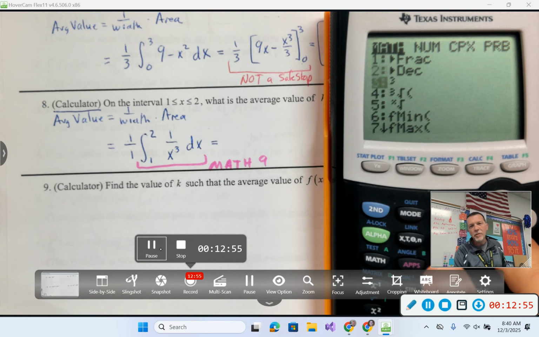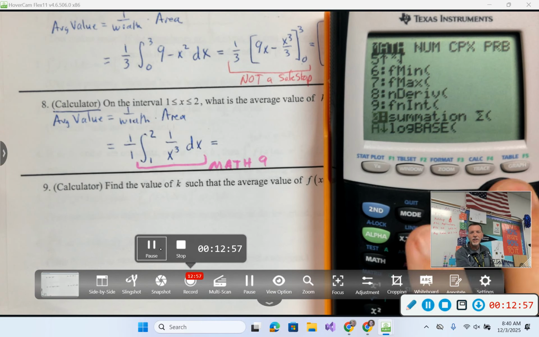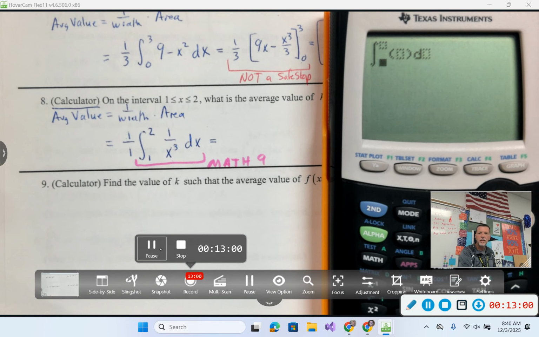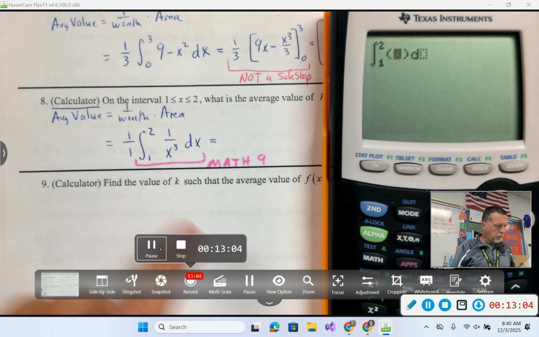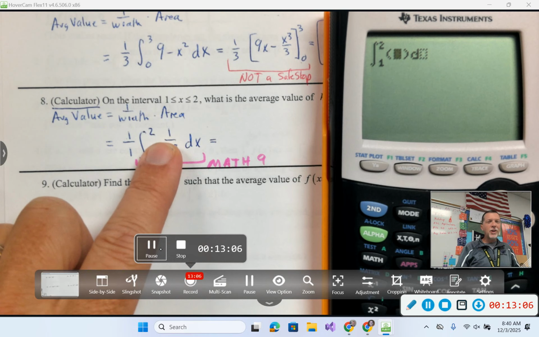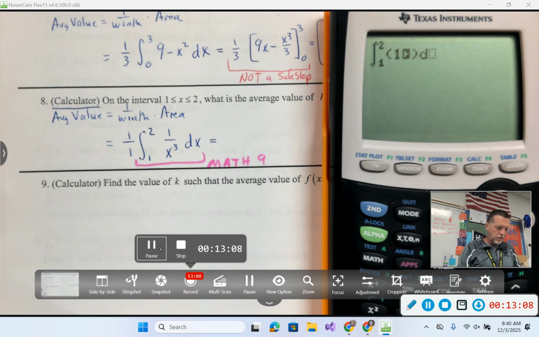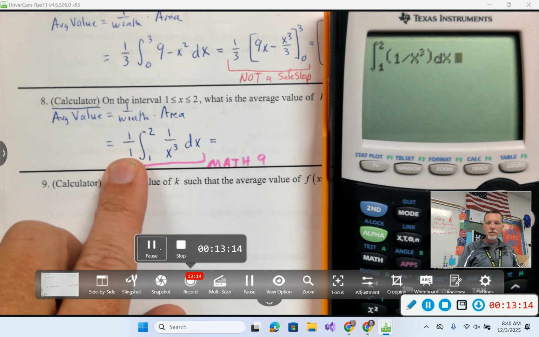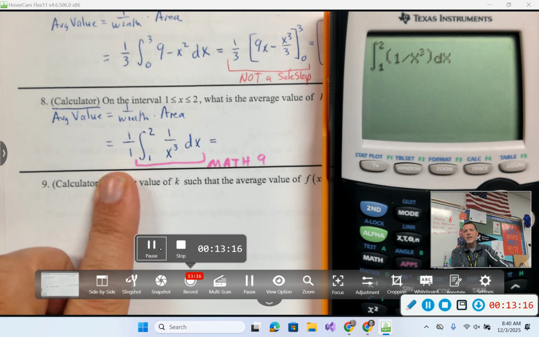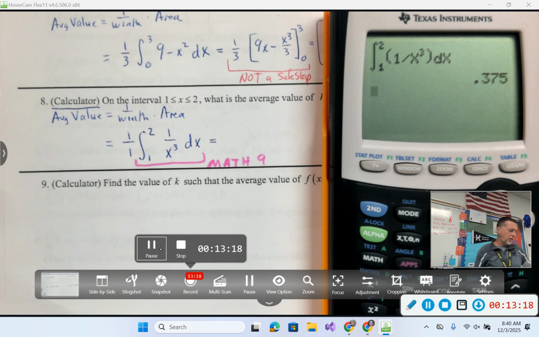Math. Again, if all you remember is math, scroll down until you find it. Math 9. 1 to 2. Fraction bar, not really necessary if it's just 1 divided by x cubed. And the 1 over 1 out front obviously doesn't do anything, so 0.375, that's all it is.